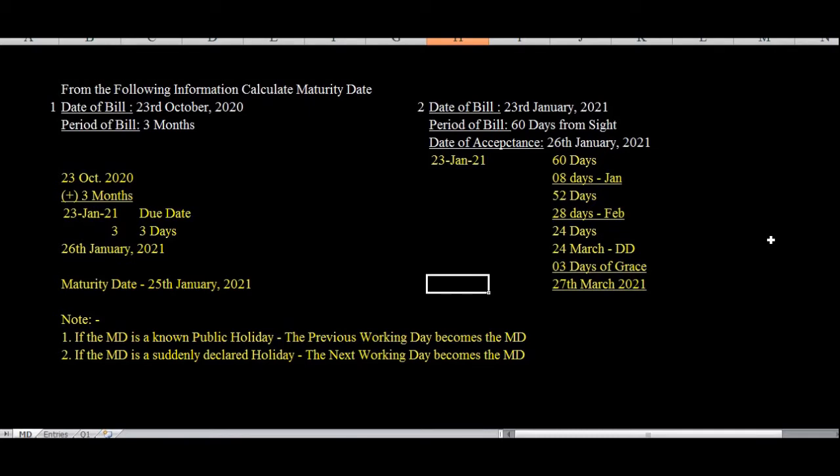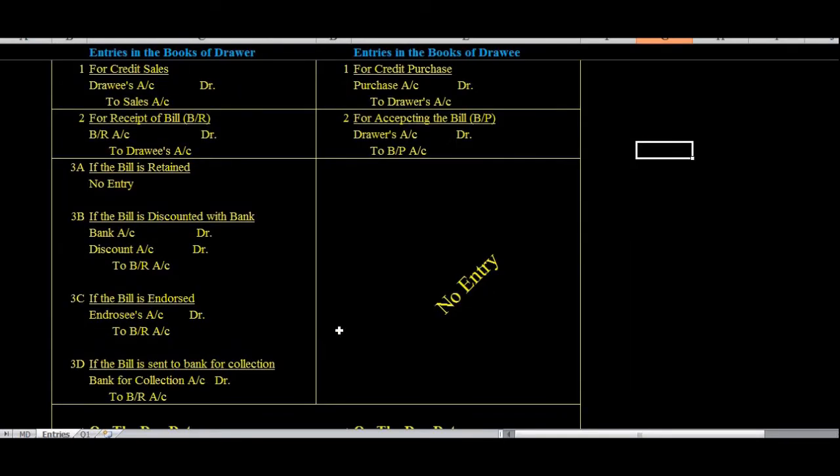Now we are going to move ahead with the journal entries. Let's have a look at our journal entries. When we talk about the journal entries, we will be doing it in the books of Drawer and in the books of Drawee. So let's start with the first one. It says for credit sales. Obviously, the drawer is the seller when he sells the goods.